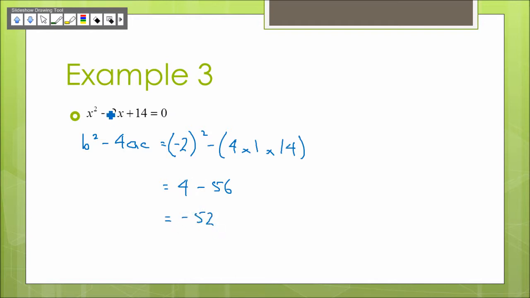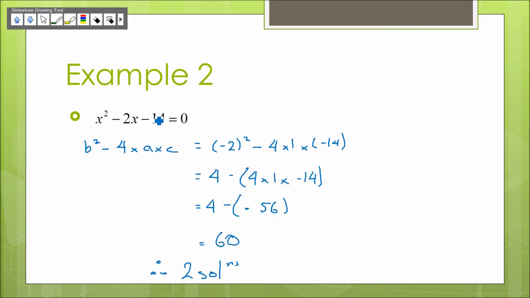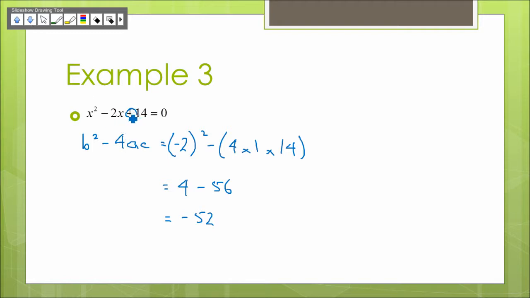Notice how the only difference between example 3 and example number 2 was that there is a plus sign here, when in the previous example there was a minus sign. And the difference between that symbol means that the answer for our discriminant, instead of being positive, now turns into a negative, meaning because it's less than 0, there are no solutions to this problem.